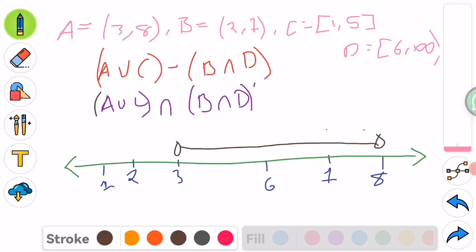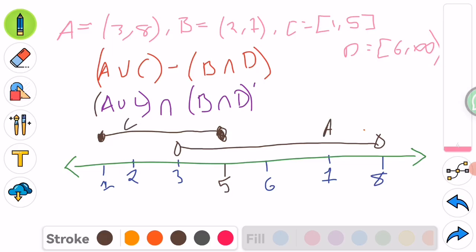Looking at C, it is between 1 and 5, so probably 1 here, we're going to shade it really much like that to indicate that we have a closed bracket, and 5 should be in the middle here, so we're also going to shade it very hard like that, and then draw a line from there. So this is our set A and this is our set C.